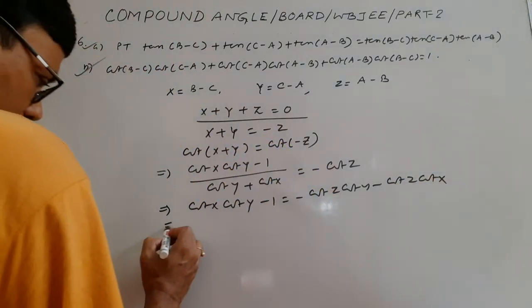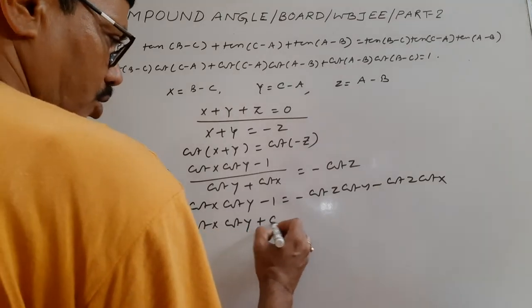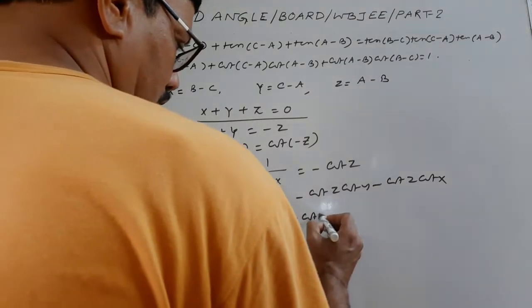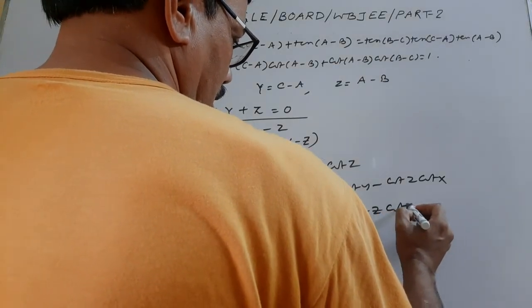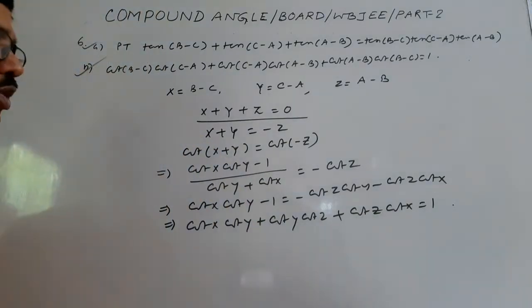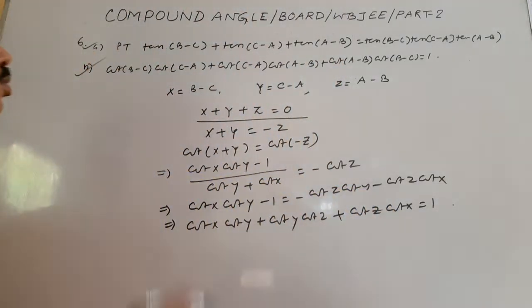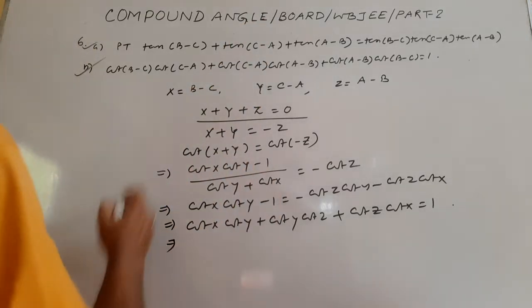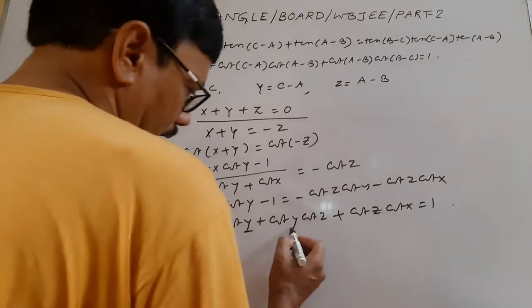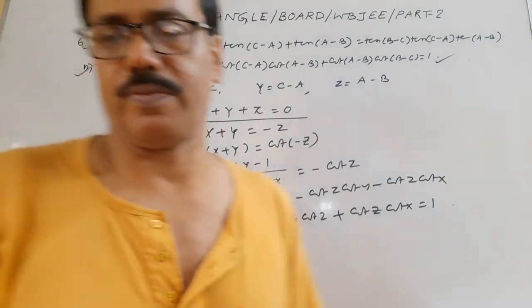So cot X cot Y plus cot Y cot Z plus cot Z cot X equals 1. So we are getting this relation. Now put the values of X, Y, Z and you get the relation. So put the values of X, Y and Z, you get the result of this formula.